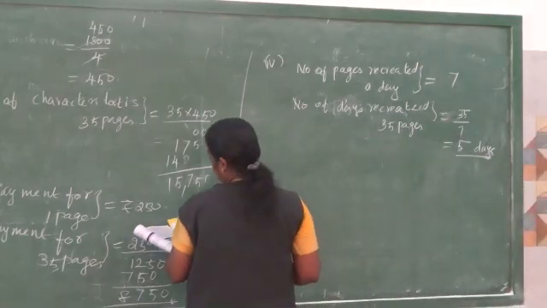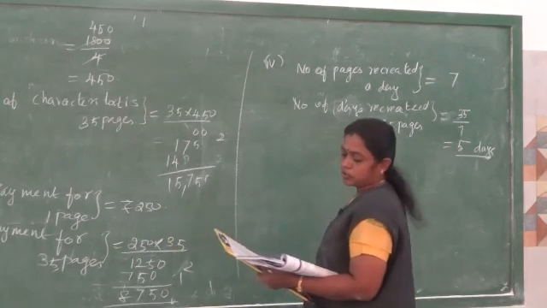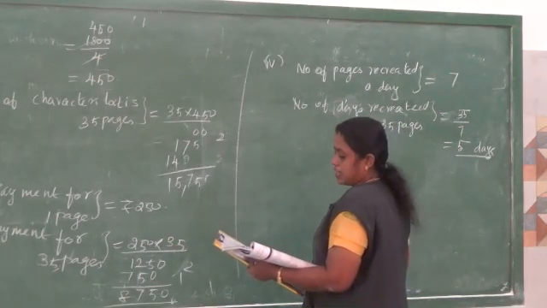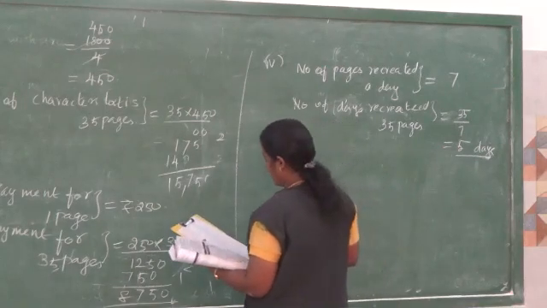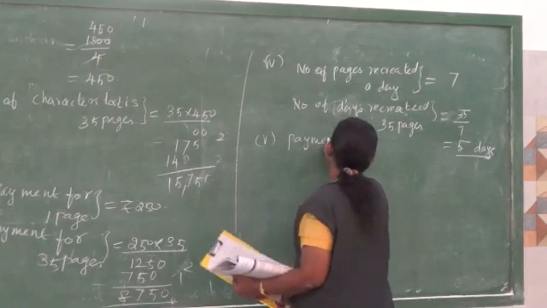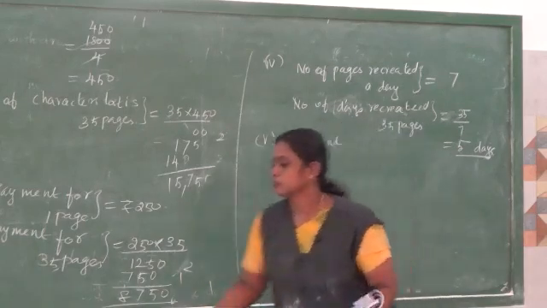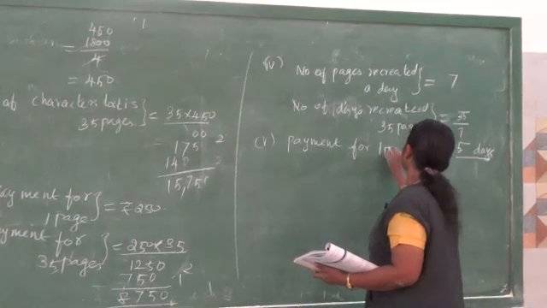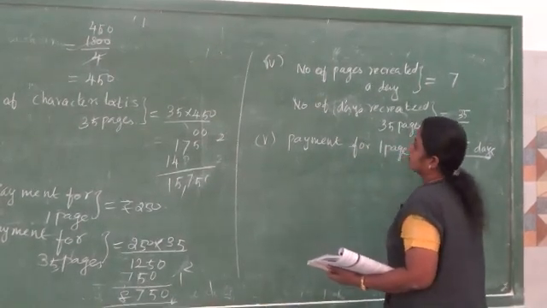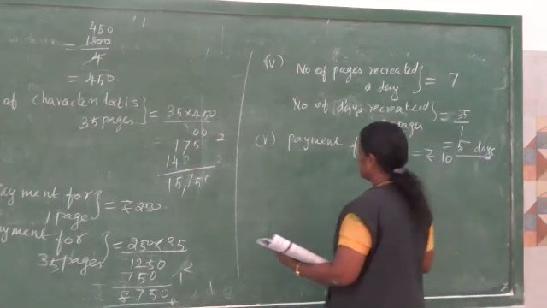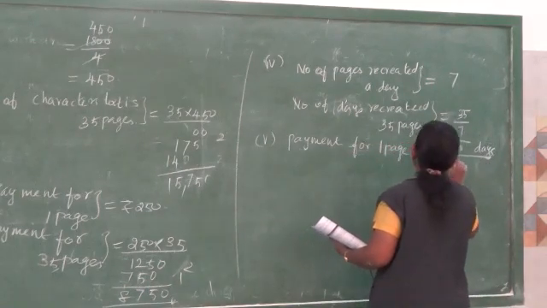Fifth one, Tamil Nambi pays Kavimani ₹100 per page for help. How much amount does Kavimani receive? Payment for one page, rupees 100.